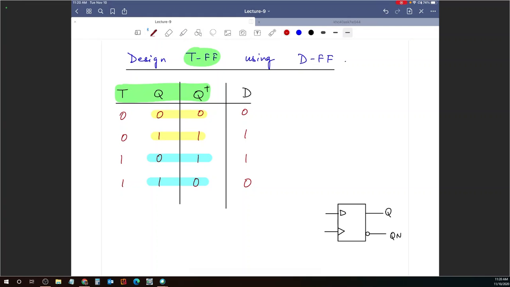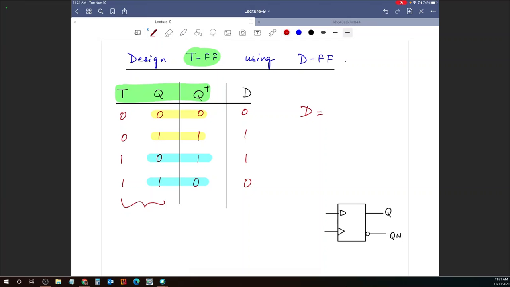Okay, so we are done with step 2. Step 3 is essentially combining both in order to write an equation for D in terms of T and Q. So if you wanted to write an equation for D in terms of toggle and previous state, what would you write? Which operation is happening here?